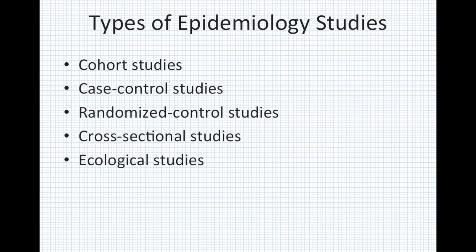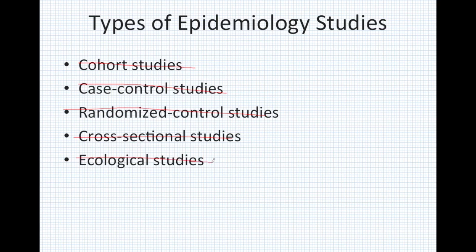Thank you so much for joining me through these 5 modules of epidemiology research methods. So just to recap, we have gone over cohort studies, we have gone over case control studies, randomized control trials, cross-sectional studies, and ecological studies.